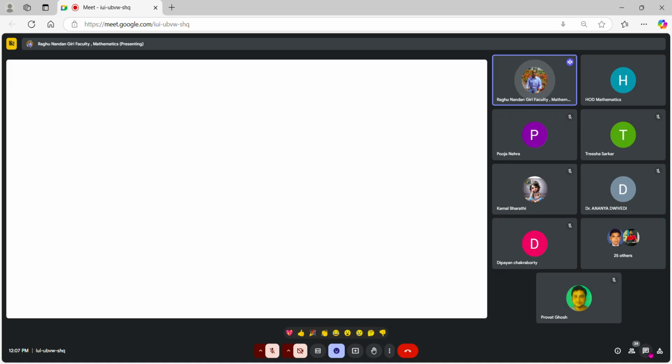So I want to plot the graph of sin x and cos x in the same window. So I write the program for that.